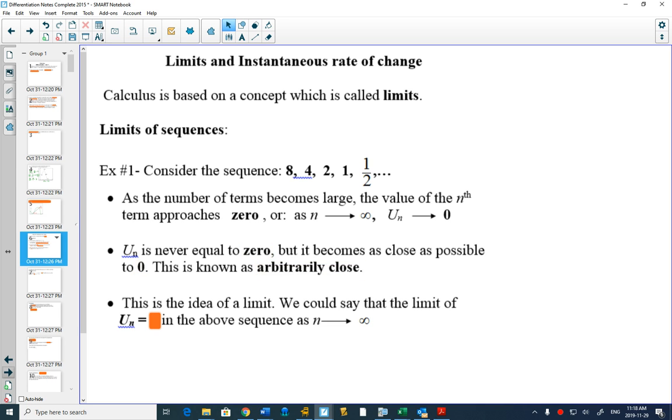Now, the actual term is never equal to 0, but we say that it is so close to 0 that it's arbitrarily close. And that's the idea of a limit. We say the limit of un equals 0 as n approaches infinity.